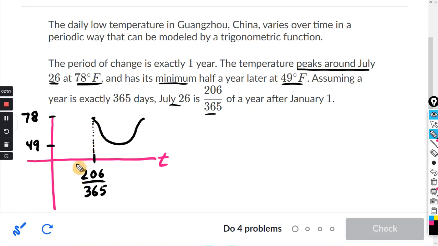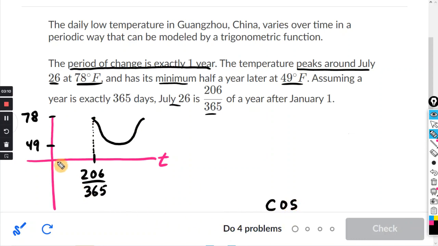We said in the beginning, the period is exactly 1 year. All right, we'll do the period in a minute. Right here, out of the four graphs, this is clearly a positive cosine. All right, so I'm going to start with the cosine.